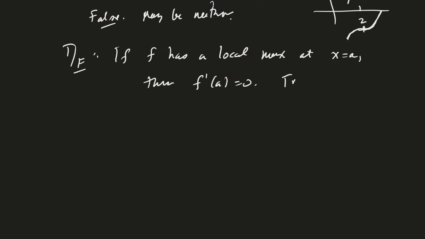Well, maybe I shouldn't say that then. I should say false. Because what could happen is you could have something like that. It is actually true if f prime of a exists, then it is true. Oh, we're running way over time. We'll try some more examples in the next video.